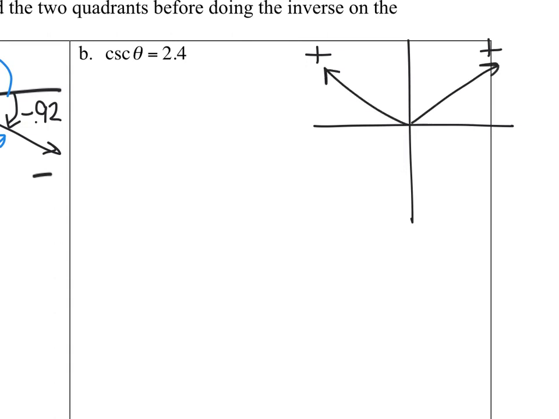So now in order to plug this into the calculator, you said it's the inverse, we're going to deal with sine. So I'm going to do sine inverse of 1 divided by, because we have the inverse. So we're going to do 1 divided by the 2.4, and we're going to get an answer. 0.43. Okay, so 0.43.